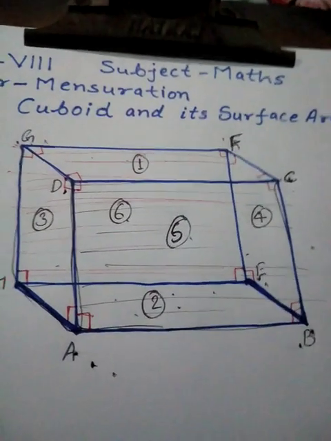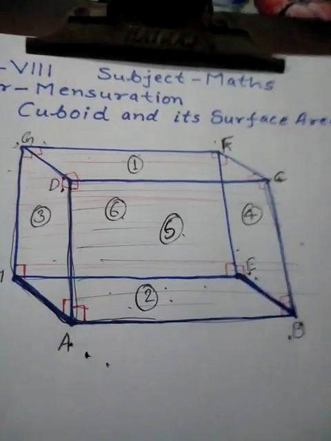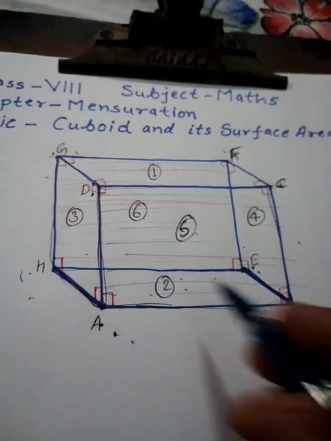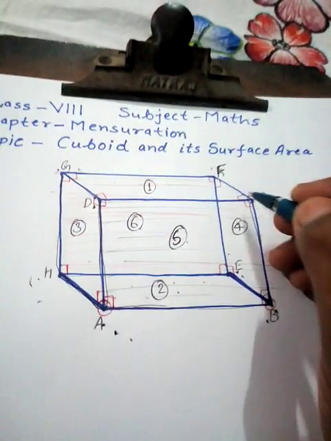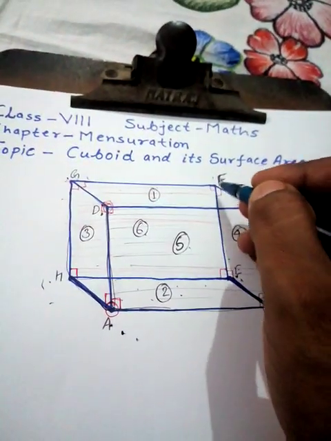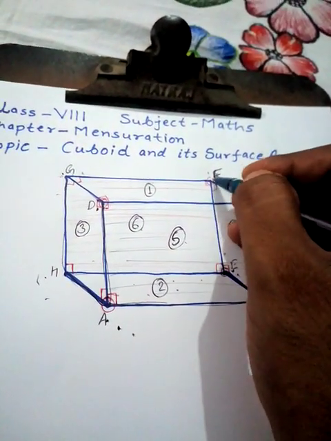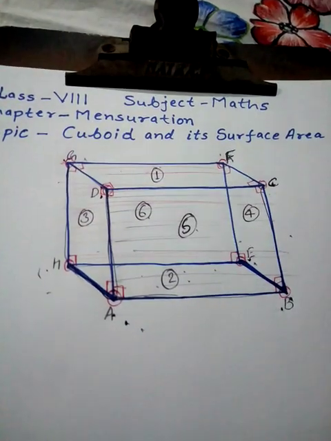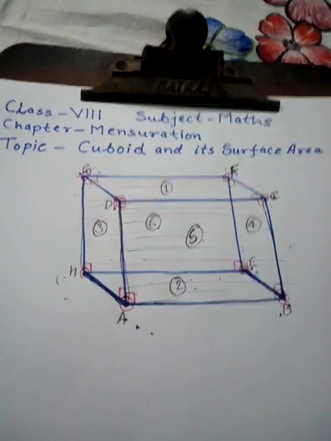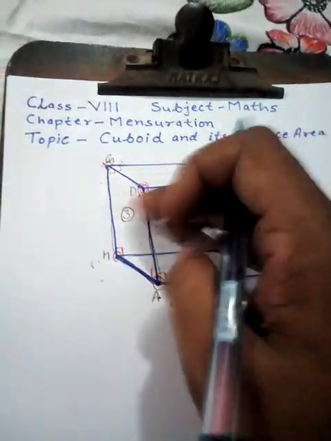Now we have to talk about its vertices. How many vertices are there? 1, 2, 3, 4, 5, 6, 7, 8. The surfaces are called faces.